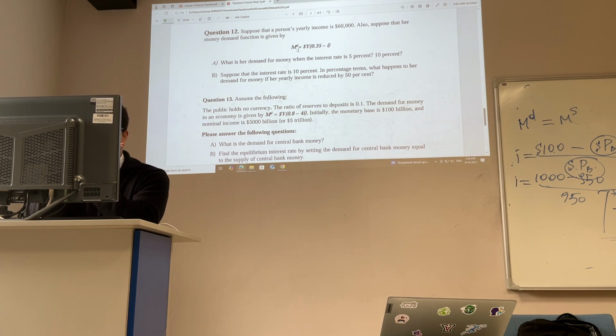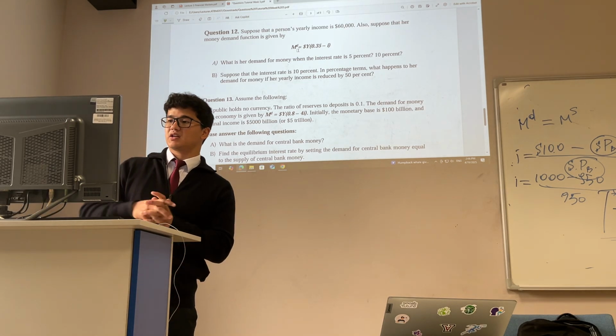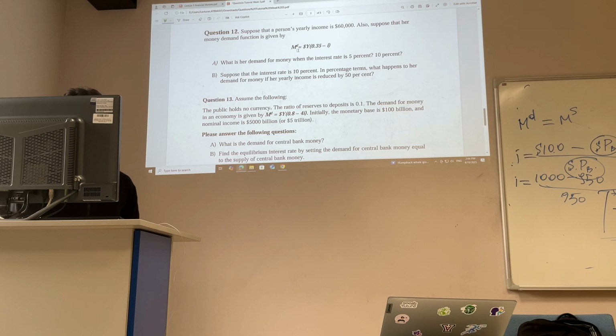Suppose the interest rate is 10%. In percentage terms, what happens to her demand for money if her yearly income is reduced by 50%? So for part B, just try to find this one. It was $60,000, right? Now her income is decreased by 50%, meaning that now she has 30,000.